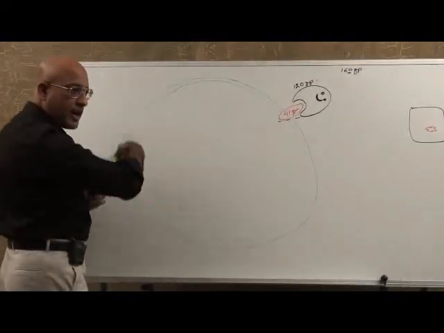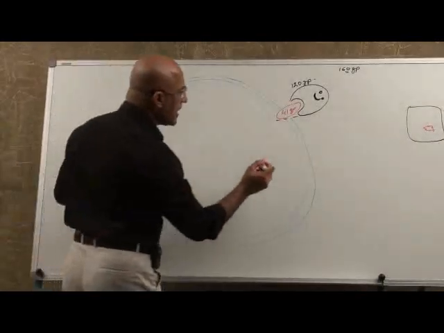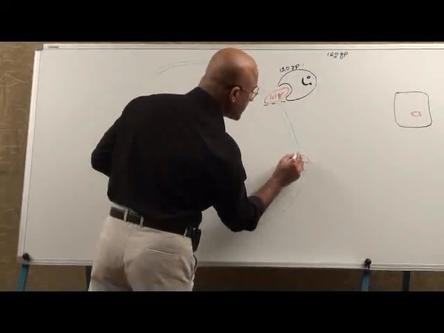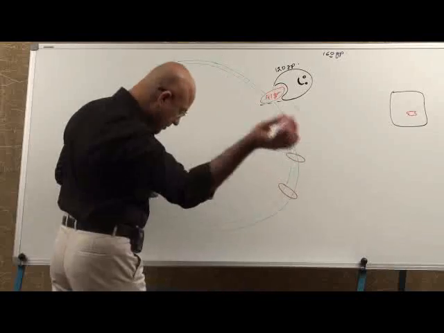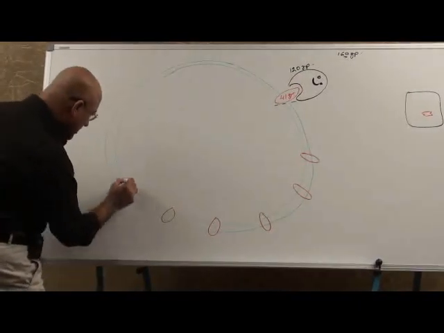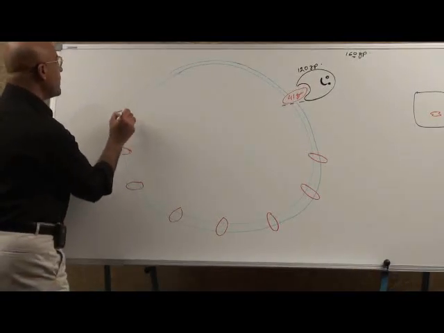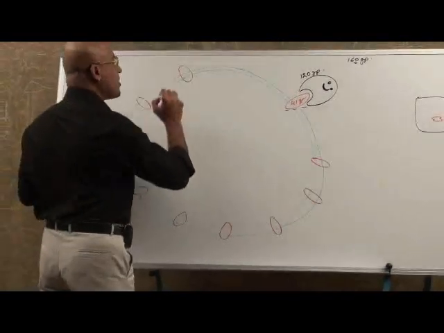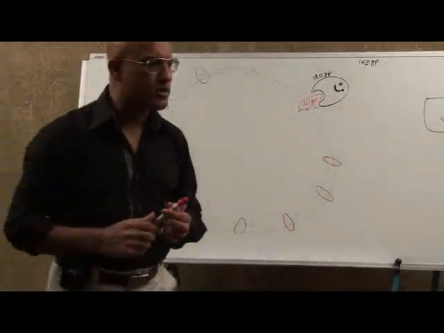The bubble is made of lipid bilayer, and on the lipid bilayer, what is being expressed? GP41, keep on saying as I'm drawing. GP41. What is the importance of GP41?